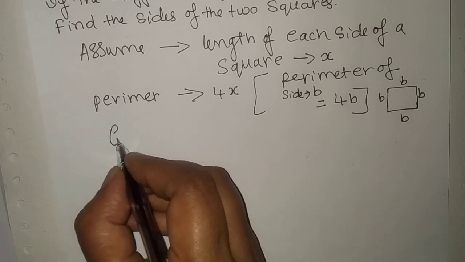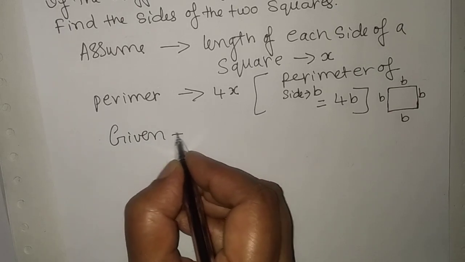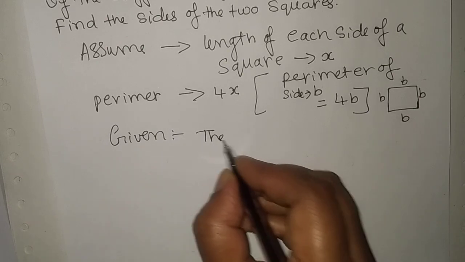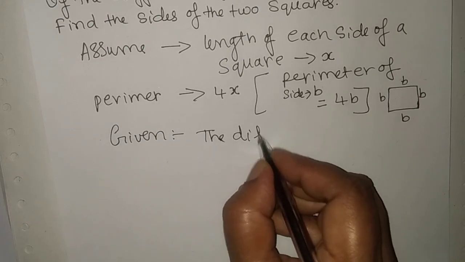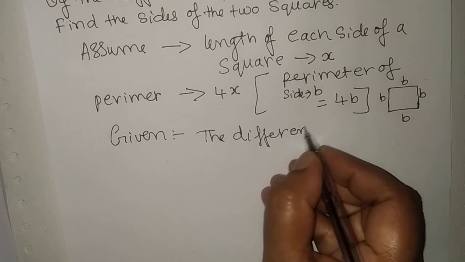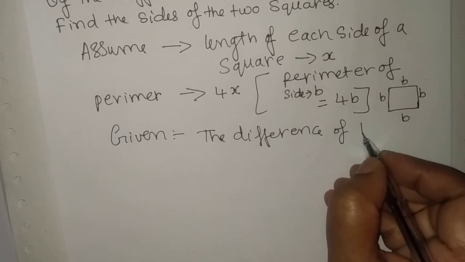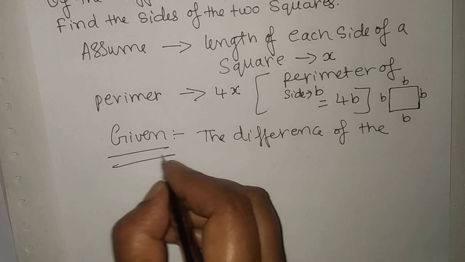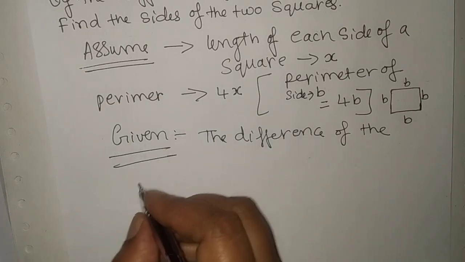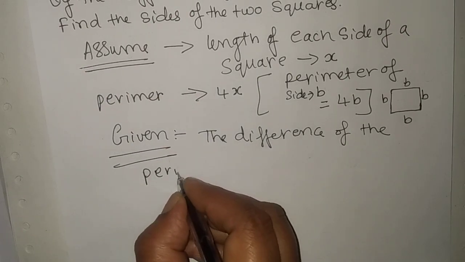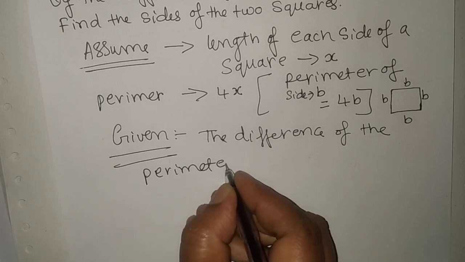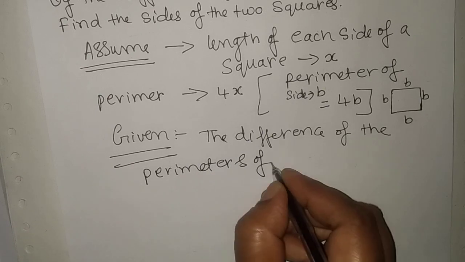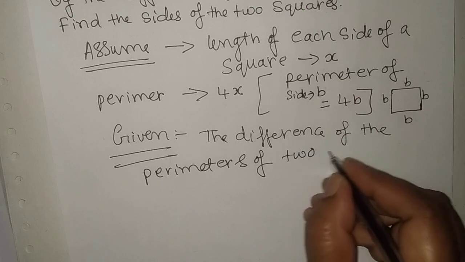Then also given the difference of the perimeters of the two squares.